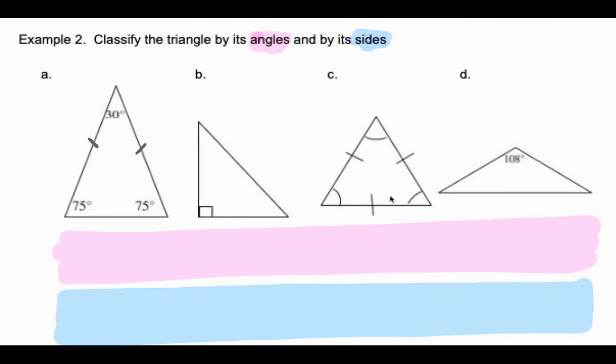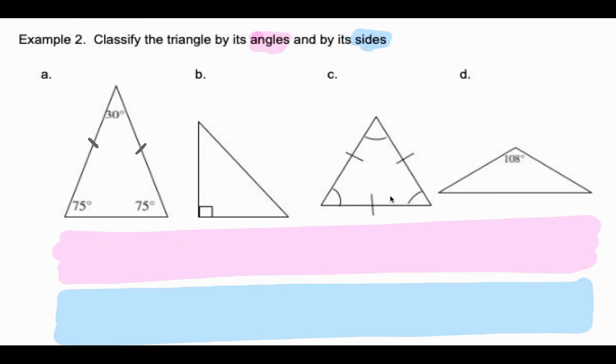In the next set of questions, we are classifying triangles by angles and by sides. So we're going to have a minimum of 2 classifications. Every triangle is going to have an angle classification, and every triangle is going to have a side classification. And then there's one of these triangles that has more than that. So when we start, we look at our angles.